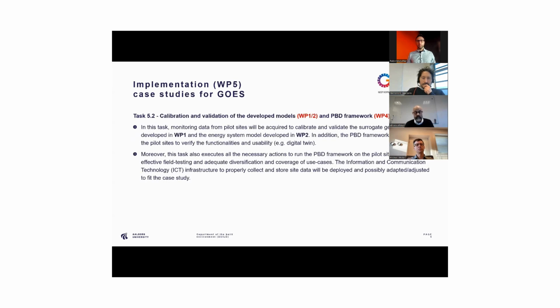Task number 2 in Work Package 5 is about collecting information from test sites to make sure that the geothermal energy models and energy system design work as expected. It is also about checking that the design method is easy to work with, and that it does what it is supposed to do.